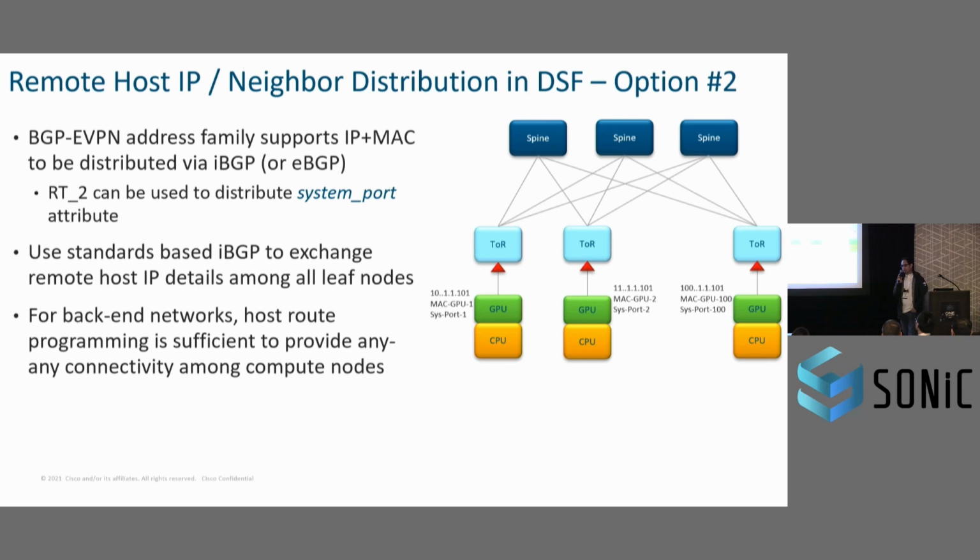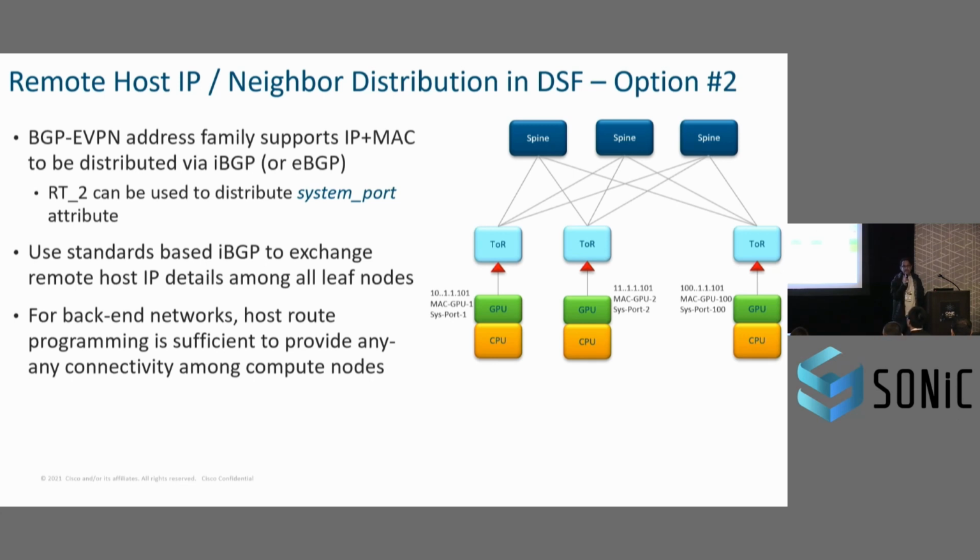Most of you would already know that the EVPN address family that was added to BGP several years ago does support a few new route types, specifically route type 2 as an example, which already carries IP plus MAC address, so that could be distributed through standard IBGP. Route type 2 also supports a few additional attributes that can be used to distribute system port, which is really the only other missing piece in the equation to establish full IP-to-IP connectivity.